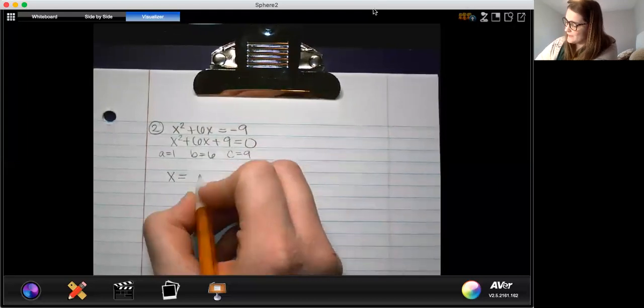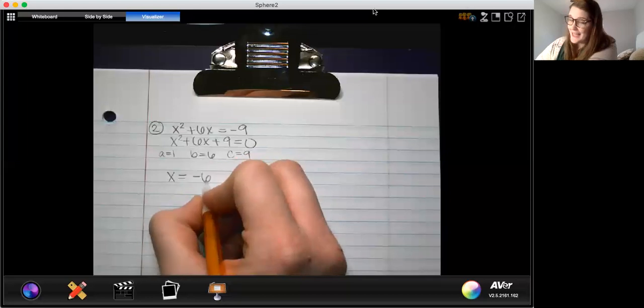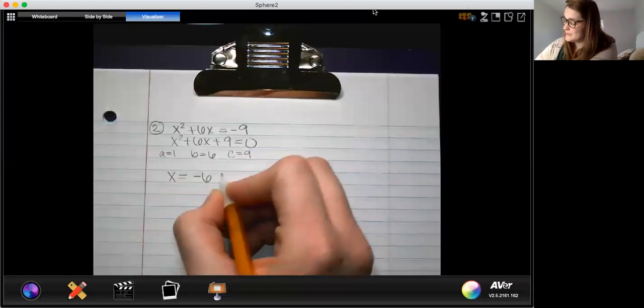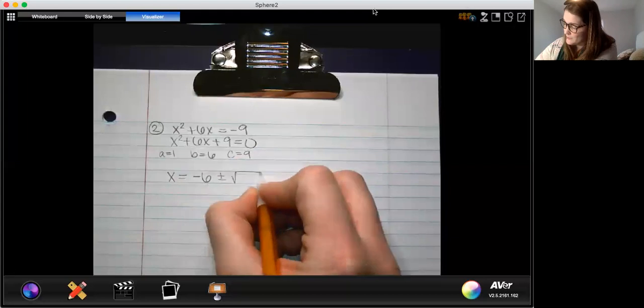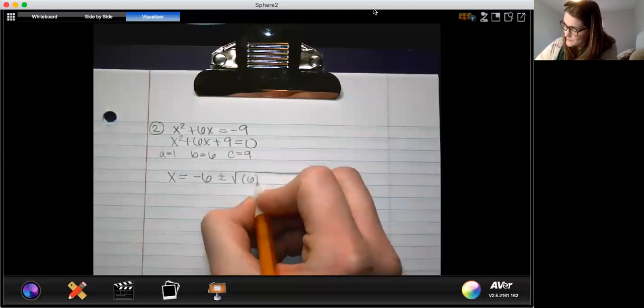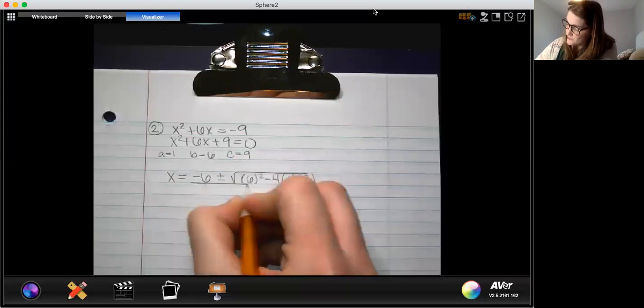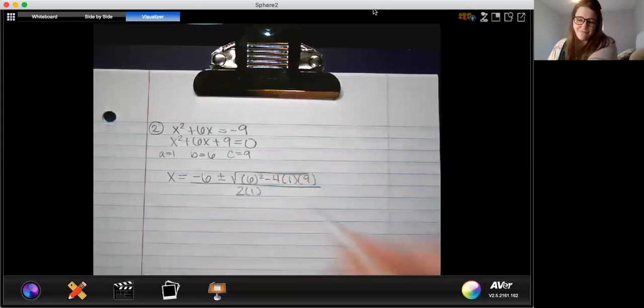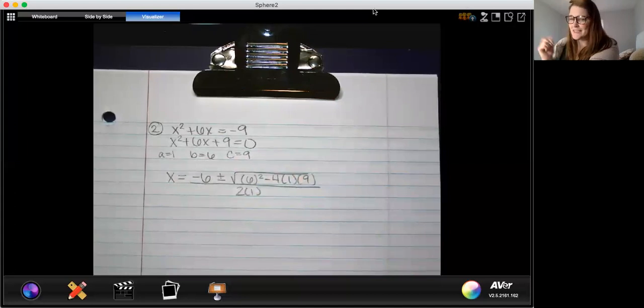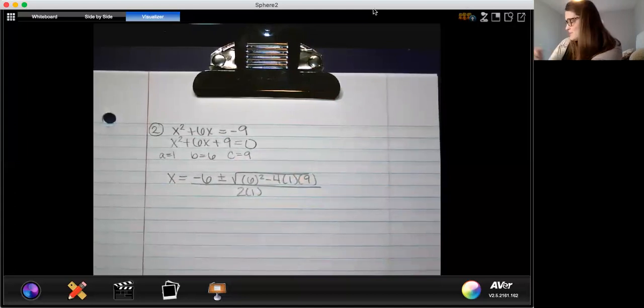So therefore we have x equals the opposite of B plus or minus the square root of B squared minus 4AC all over 2A. Okay, so you can sing it to yourself while you're filling in the information.